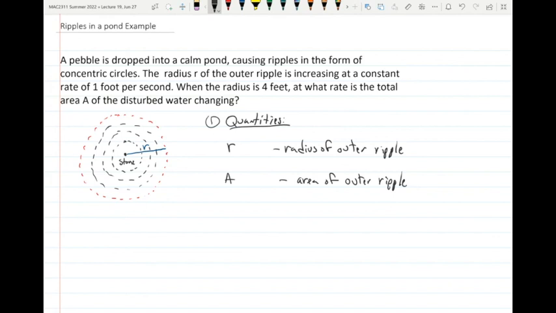So even though they're not telling you, both of these are functions of time. R is a function of time, and the area is a function of time. Do you understand this? As time goes by, both of these quantities are increasing. So here we have our third quantity, T, and T represents time.